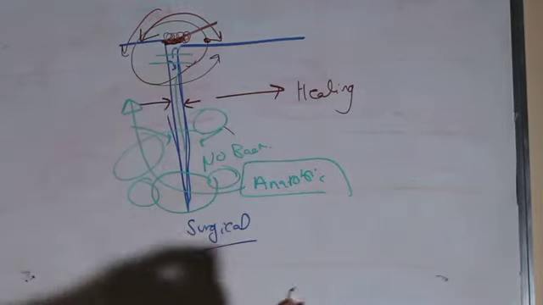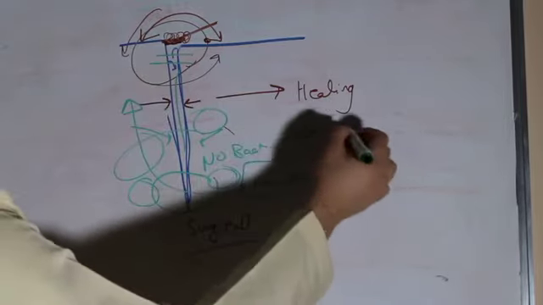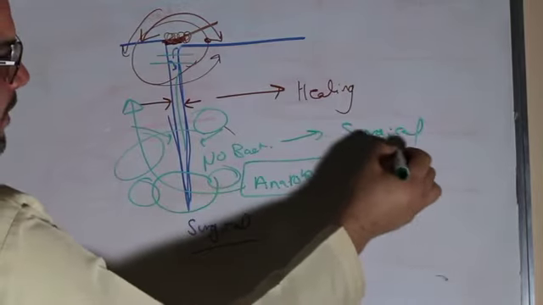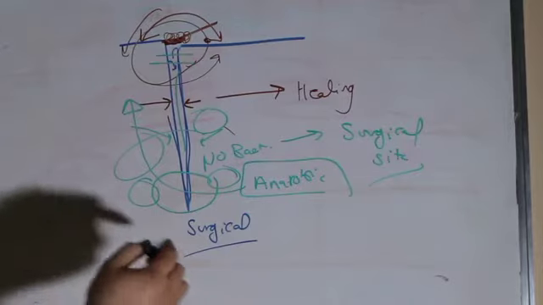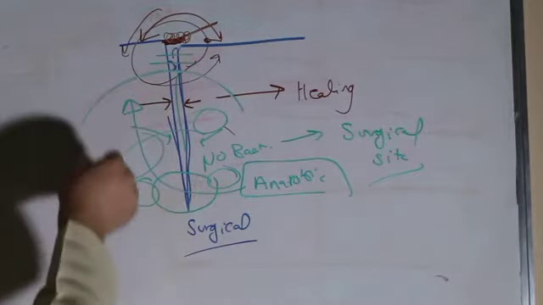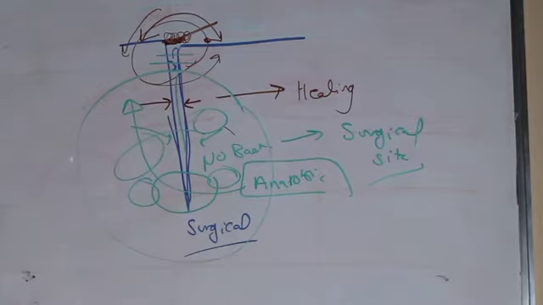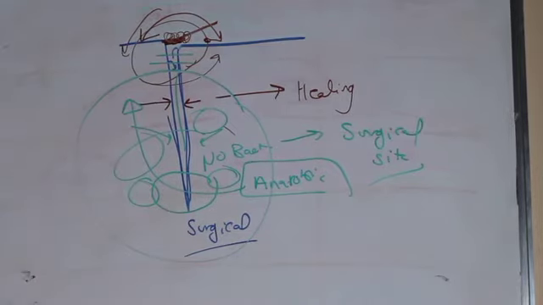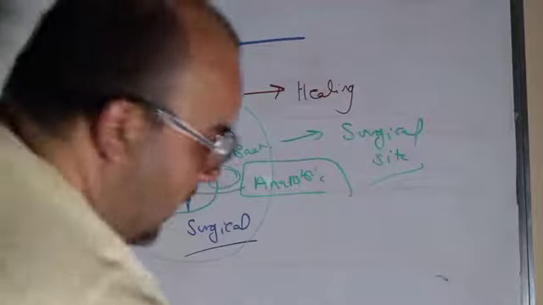This is what usually happens with surgical site infection. When we have amounts of bacteria coming and preventing primary wound closure, or primary intention wound healing, it will end with massive negative results.